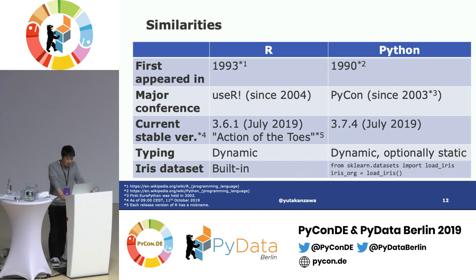Coincidentally, their major current stable versions are close: 3.6.1 and 3.7.4. Both are dynamically typed, and both have the famous iris dataset. Do you know the iris dataset? Yeah, everybody loves that iris.